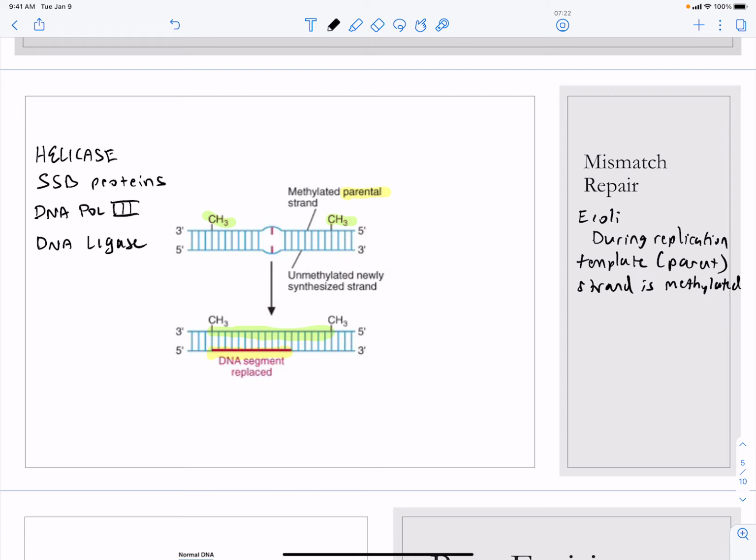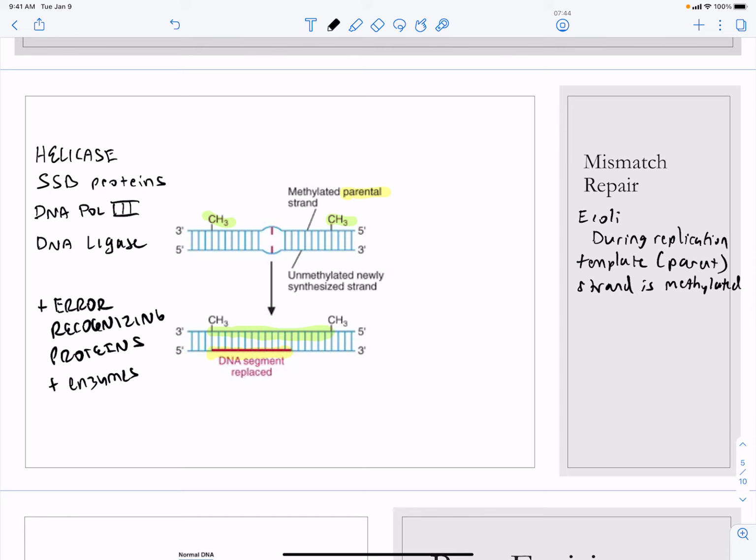Now, included with this is a lot of error recognizing proteins, plus some extra enzymes.